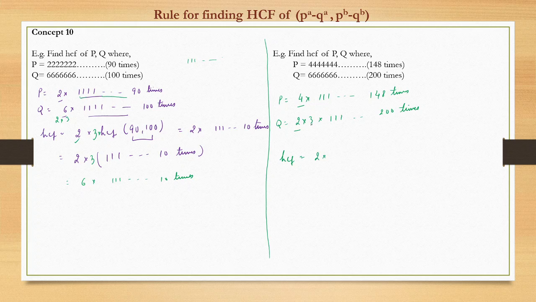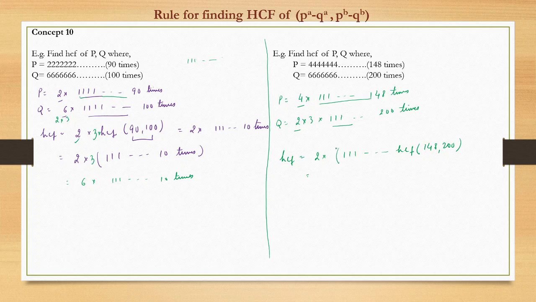Now let us see between these ones. So 1 written 148 times and 1 written 200 times, the HCF would be 1 written how many times? HCF of 148 and 200, which is 52? So 52, it has to be divisible. That is 52 divide 200, no. The next is 26, again no. 13, no. I think 4 will be the HCF here. So 1 written 4 times.